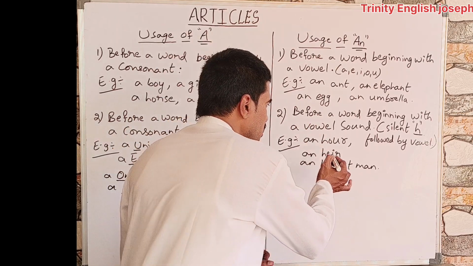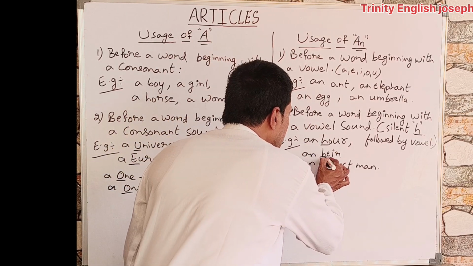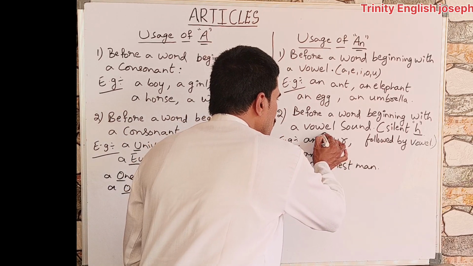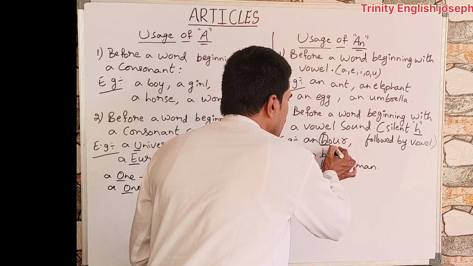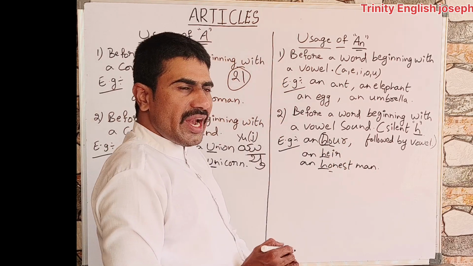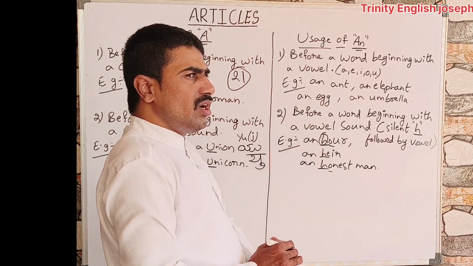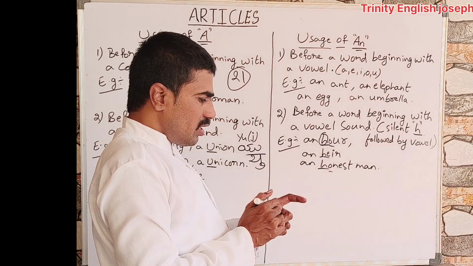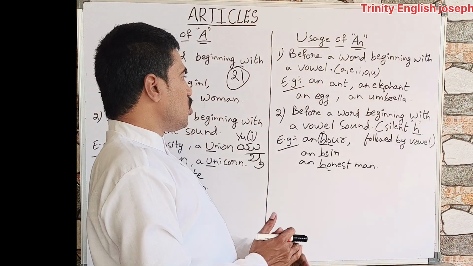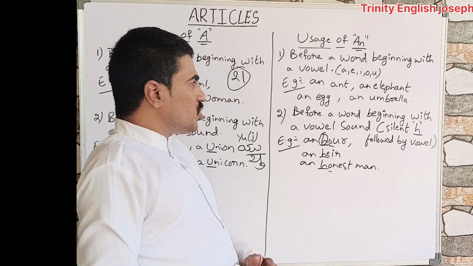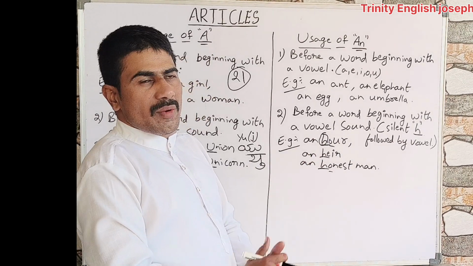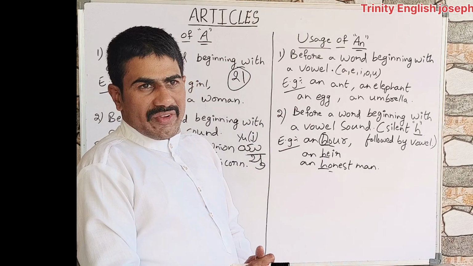For example, an hour, an heir, an honest man. Here H is silent, and the letter after that is a vowel: O, E and O. So if H is silent and followed by a vowel, we pronounce the vowel sound, and thus we place an instead of a. So this is all about the indefinite article.